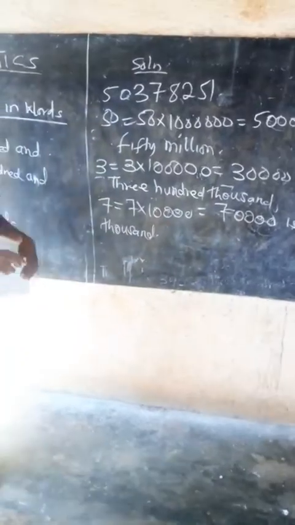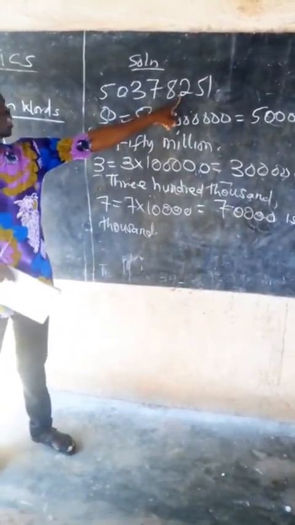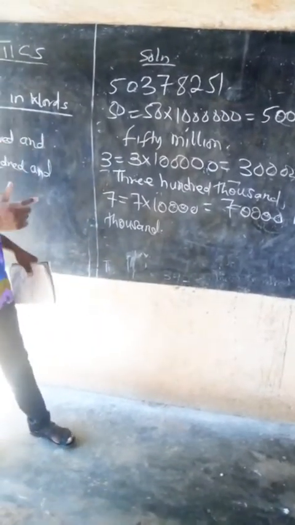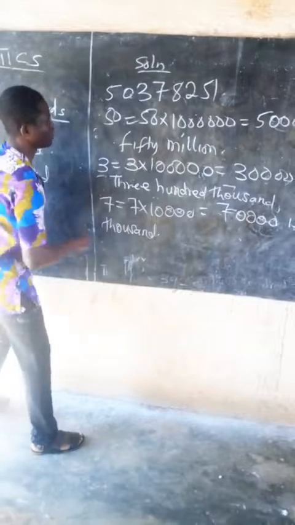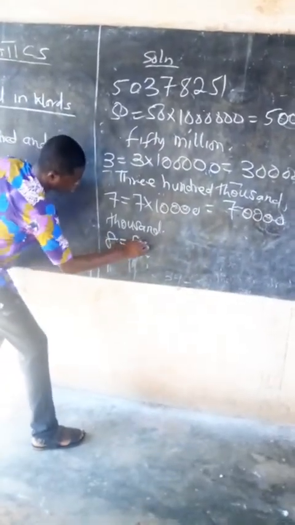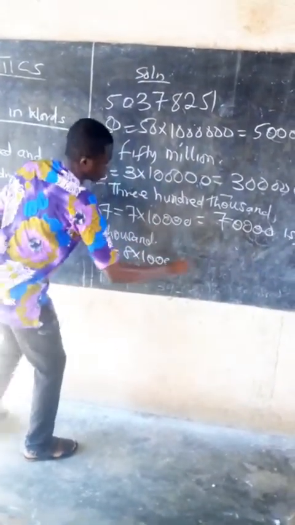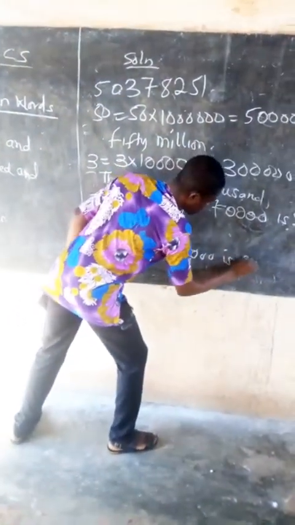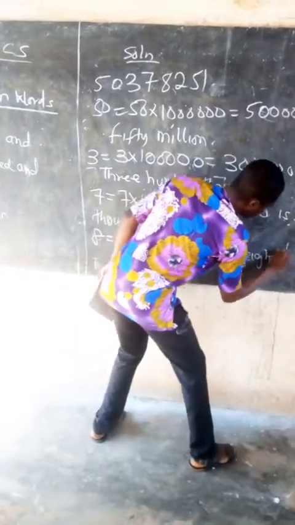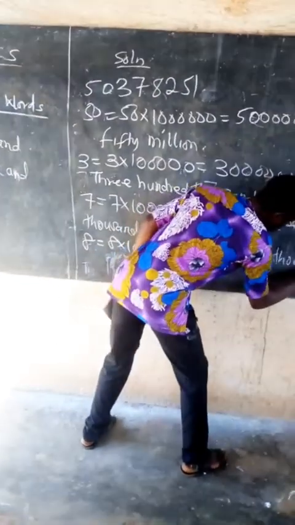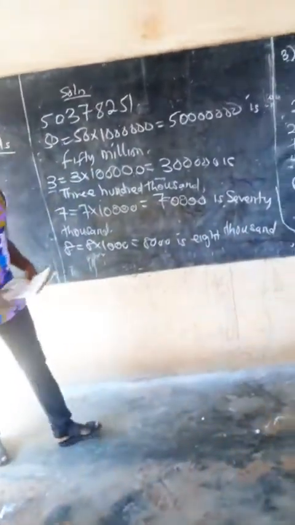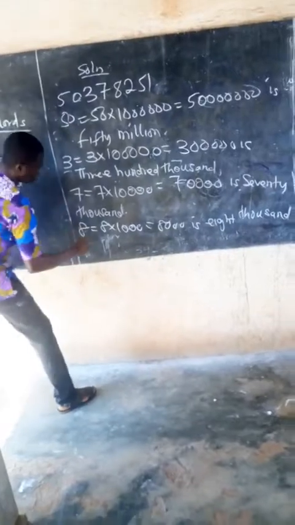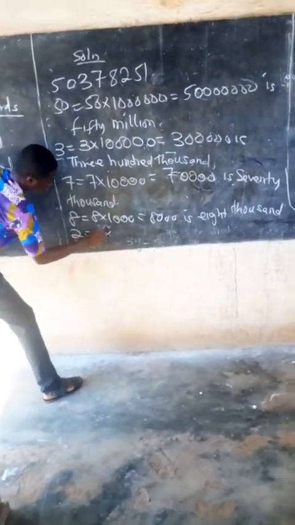From 70,000, 8 will follow. 8 is in 1,000. From 10,000 we move to 8,000. From 1,000 we move to 100. 2 will fall within 100. You get 200.